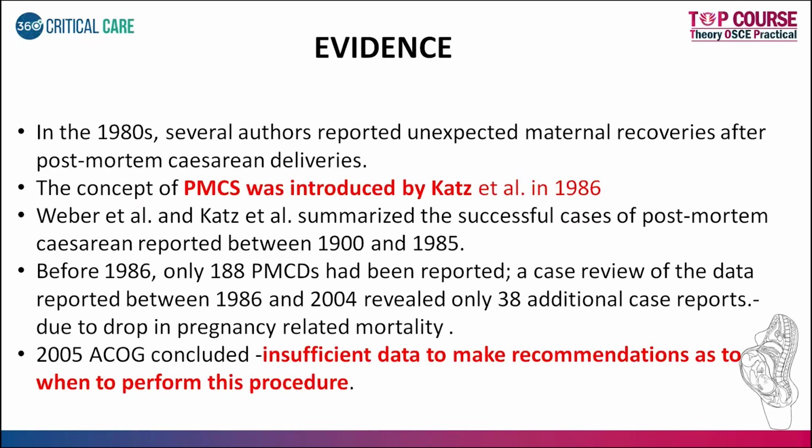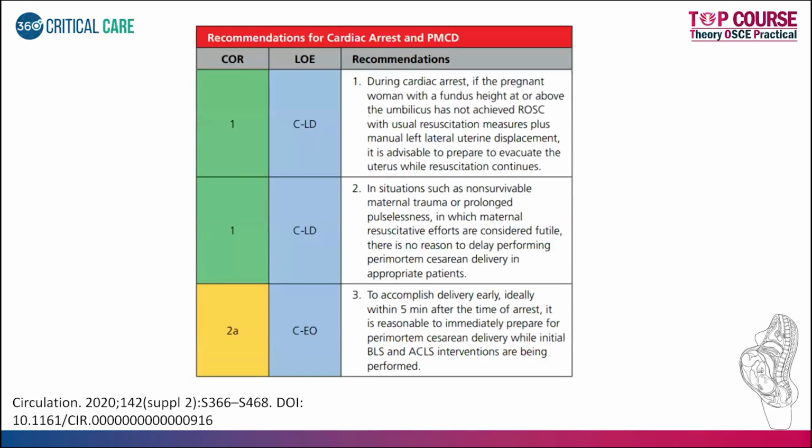A lot of case reports have been studied, but as of now ACOG does not have any firm recommendations for perimortem cesarean section. What the ACLS criteria say is, if there is a cardiac arrest, continue all your resuscitative measures like left uterine displacement, and look for causes.